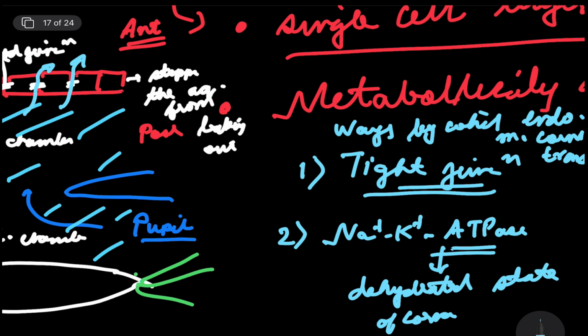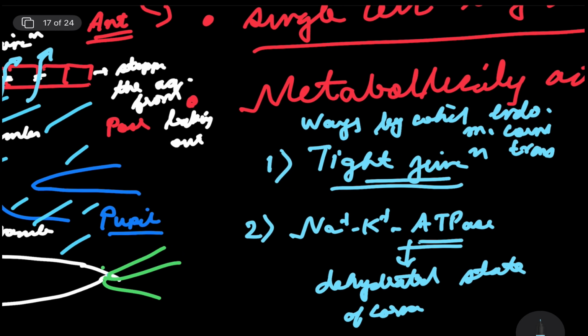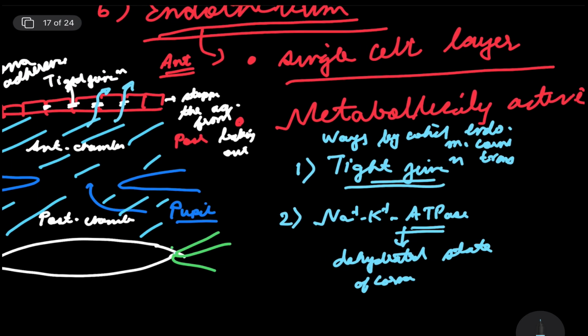We cannot have too many fluids in the cornea. In fact, we cannot have much fluid, any fluid in the cornea. That is why even blood was sacrificed, right? So to keep the cornea in this dehydrated state, we need the sodium potassium ATPase pumps, which are present within the endothelial layer. Done. So these are the two ways in which the corneal endothelial layer maintains transparency of the cornea.